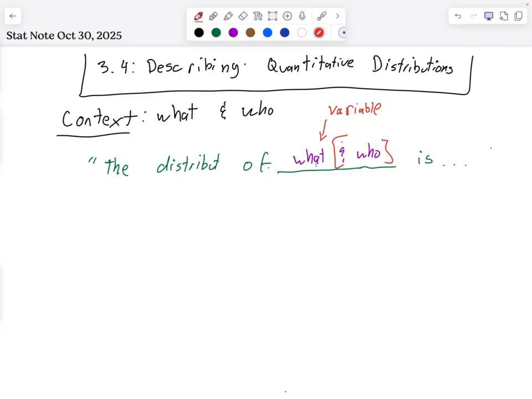The distribution of farm size. The distribution of grades. The distribution of shoe sizes. The distribution of heights, weights, whatever the variable is that we're recording. What is it that we're recording? We want to start out by giving that context. Okay, so this is context. That's your first part of the sentence.